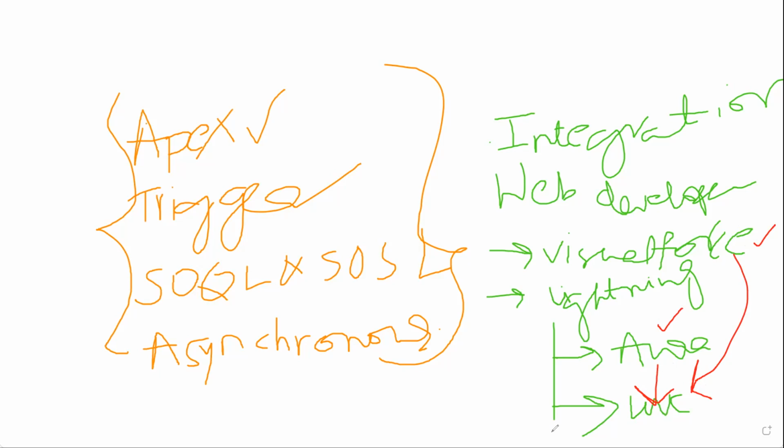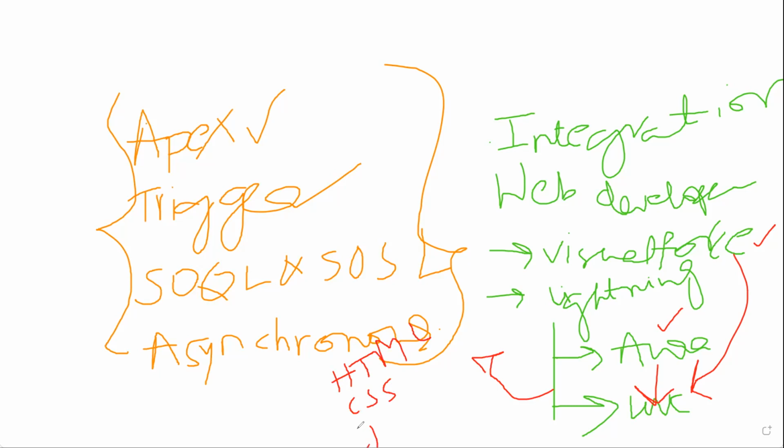Coming to LWC, prior to this, you should have knowledge of HTML for the front end. For the front end, we should have knowledge of HTML, CSS for styling, cascading style sheets, and JavaScript.